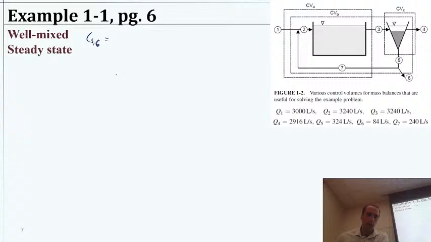And what I have written here is 9,821 milligrams per liter, which should also be the concentration of solids in pipe 7. Does that check out?